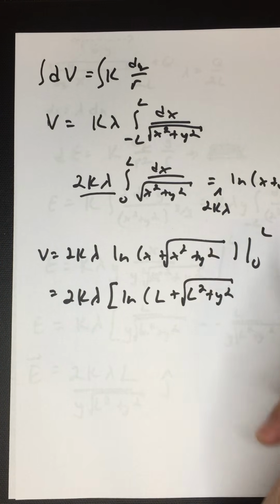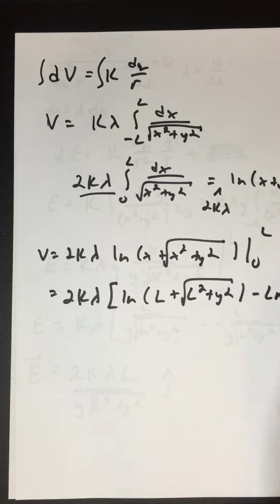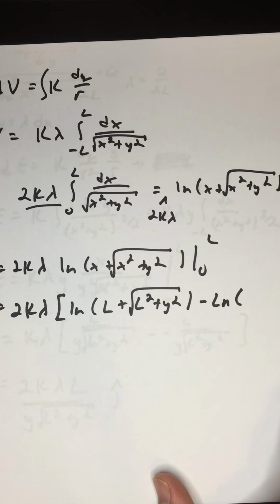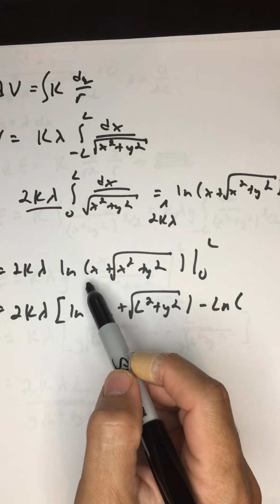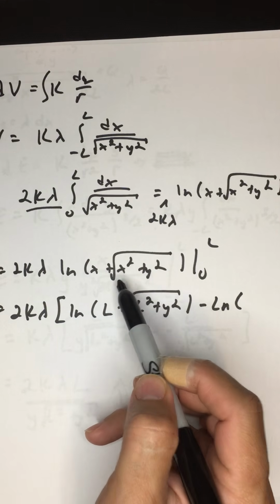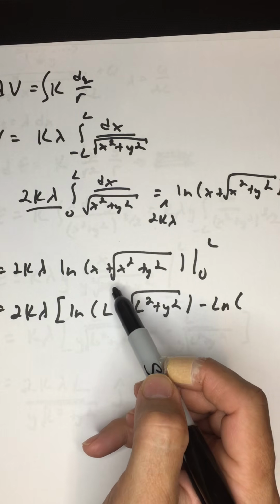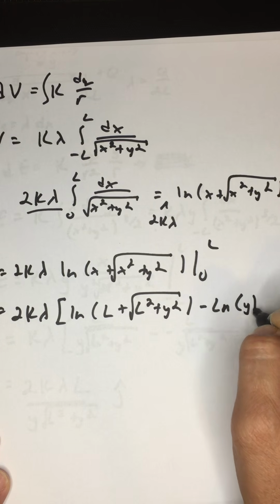At the lower limit, what am I going to get? It's going to be minus log, well, if I plug in 0 for all the x's, I get 0 plus the square root of 0 plus y squared. So I just end up with the square root of y squared. I get the log of y.